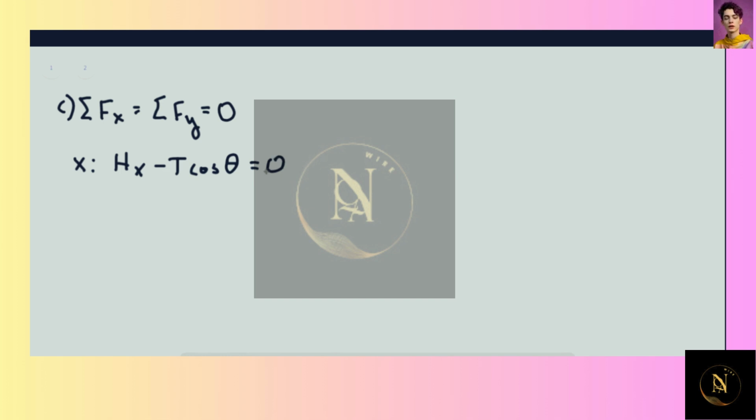And so then you just add this to both sides. And so this is going to be our 1 kilonewton times the cosine of 53.1 degrees. And so the hinge is exerting a force of 600 newtons to the right.